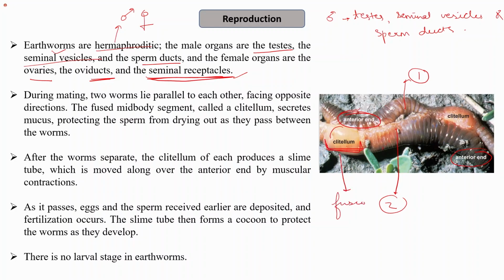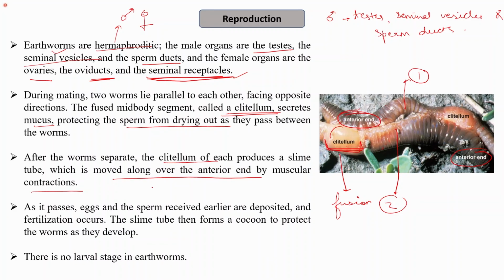The fused mid-body segment, the clitellum, secretes mucus, protecting the sperm from drying out as they pass between the worms. So the worm will pass the sperm to the other worm. When the worms separate, the clitellum of each produces a slime tube, which is moved along toward the anterior end by muscular contraction.